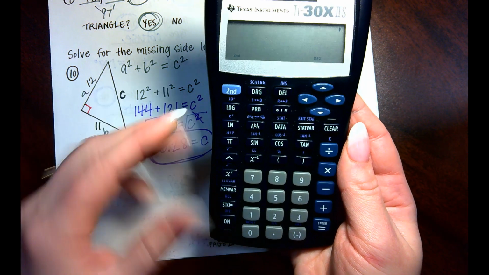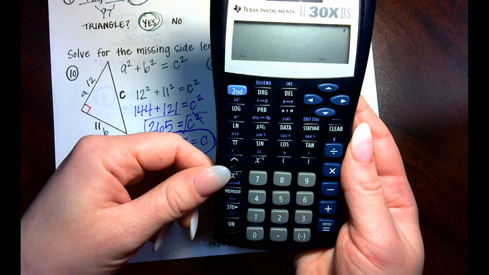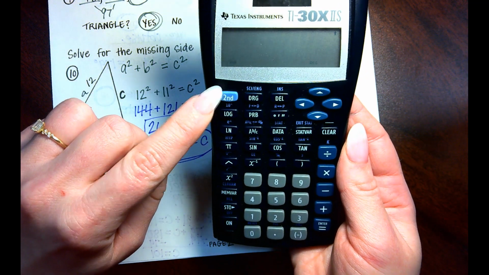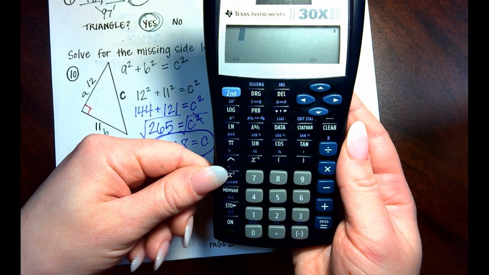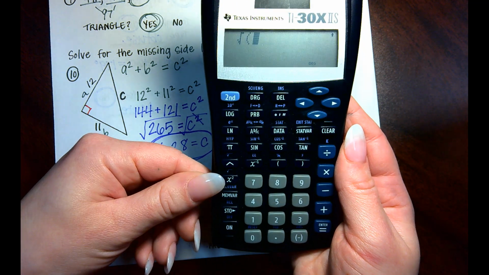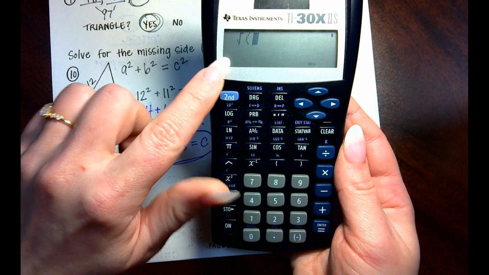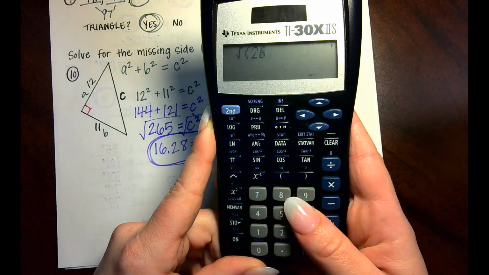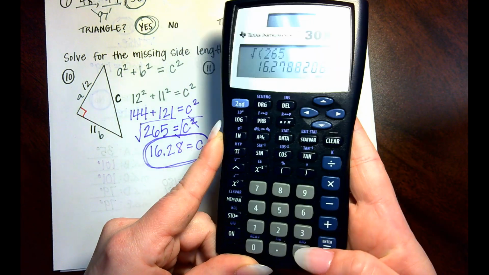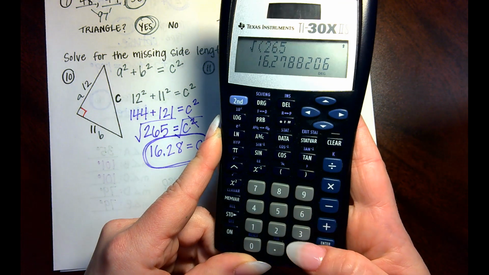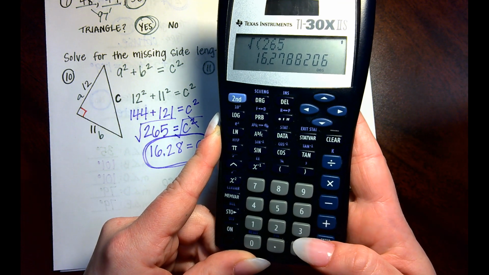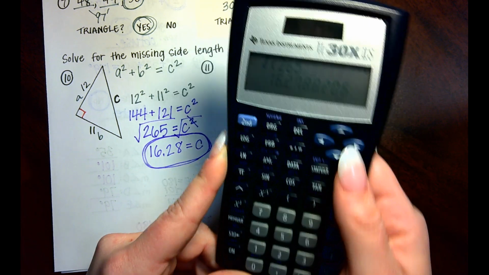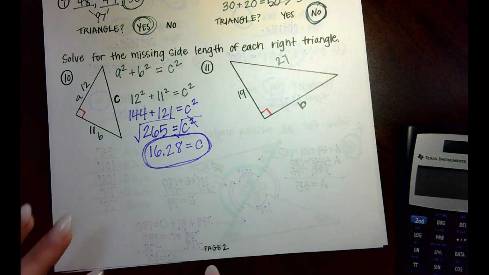When you see that, you hit x squared, which is right next to 7. Do I hit second first? Yes, the blue button, and then push x squared. And on your screen, you should have this pop up. Okay, I see it. Perfect. Then you can type your number in, 265, hit enter, and you should get 16.2788206. That's what I thought. Perfect. Awesome.